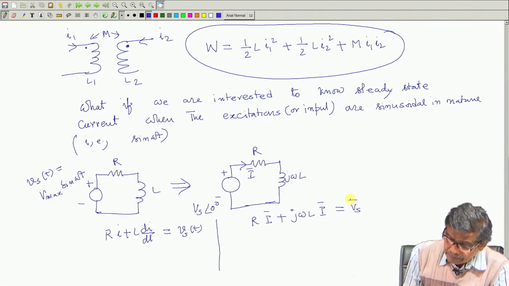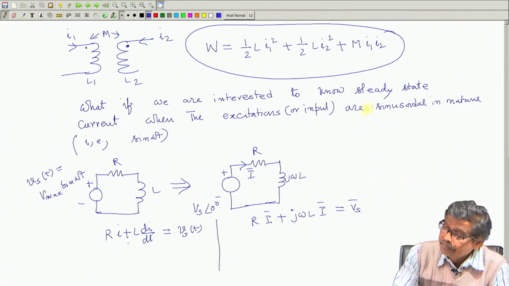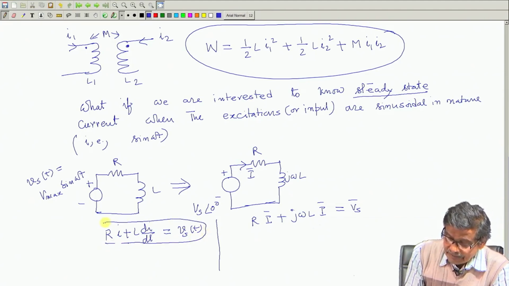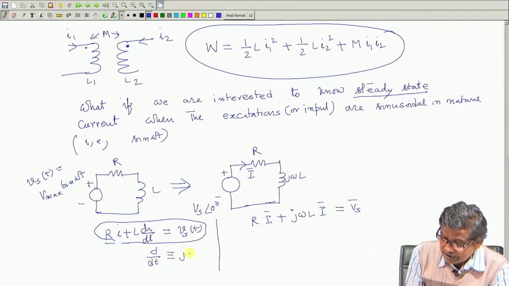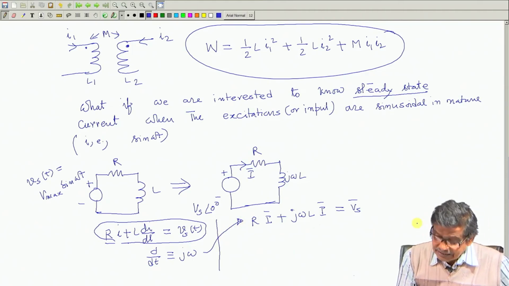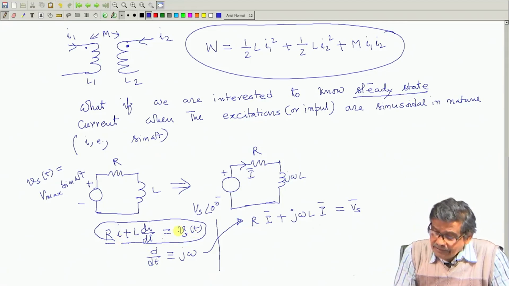Now, this is the steady state solution, mind you. If you are only interested in steady state, you can do this. You can easily see this from the time domain expression: if you replace the d dt operator by j omega, you get this equation, and the small letters, which are real quantities in time domain, are replaced by phasors.